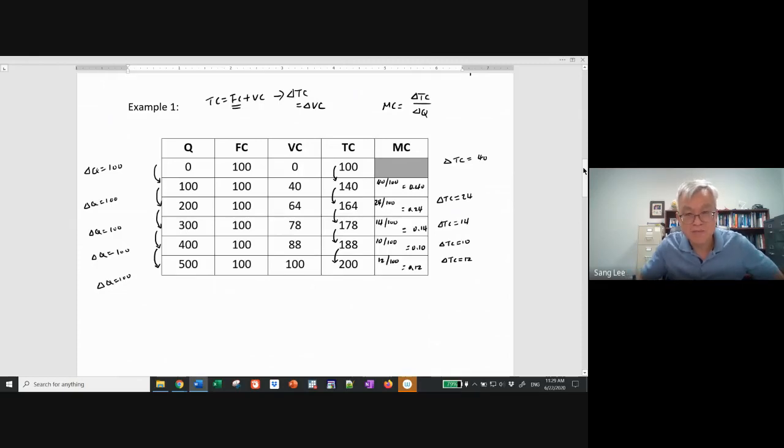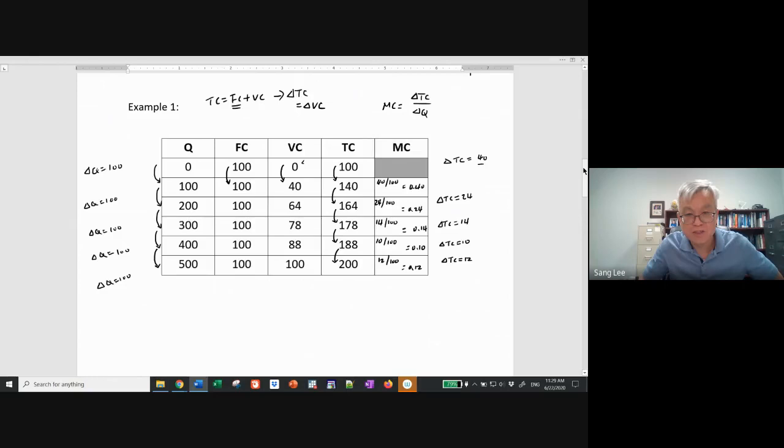So from this, we can tell change in total cost is always the same as a change in variable cost. Let's confirm. When total cost increased from 100 to 140, there was no change in fixed cost. So what was the change in variable cost? Variable cost increased from 0 to 40. So change in variable cost is 40. Exactly the same.